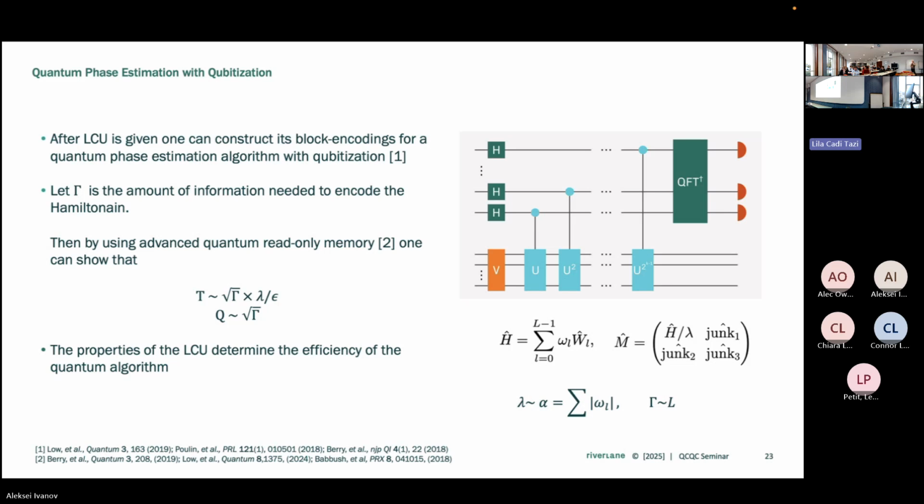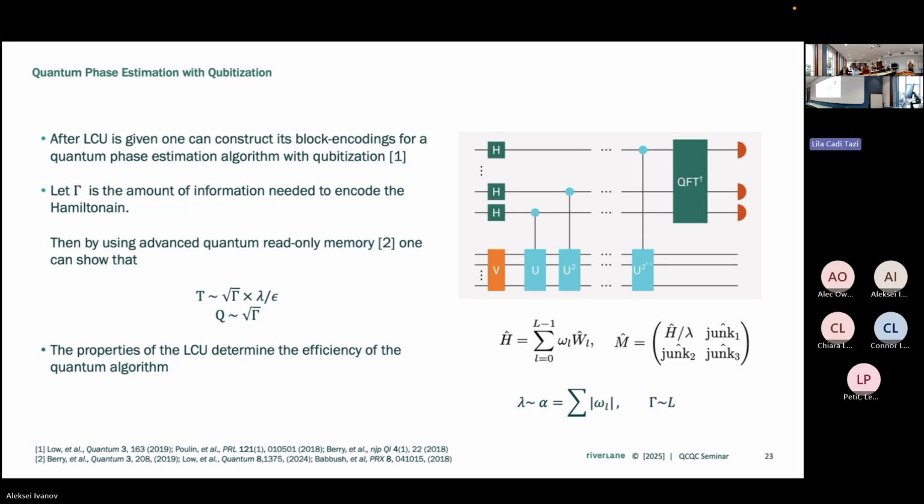Can I ask a silly question? How does this compare to using the time evolution operator of the Hamiltonian instead? Yes. So you can use the time evolution operator e to the power iHt, and what you measure is directly the energy.